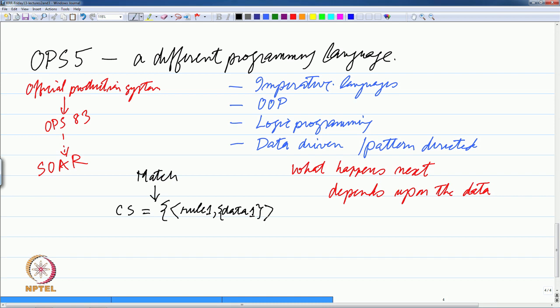So, let me put it in as a set. So, there is more than one pattern that a rule is matching, then rule 2 with its matching data, and so on. So, let us say there are n rules.